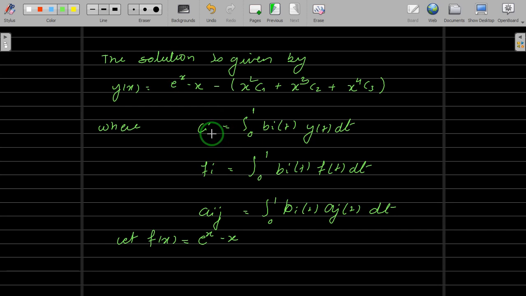That's what you have to get by using those Fi's by solving the system of equations. And then you have to find the values of Aij from 1 to 3. That means a11, a12, a13, a21, a22, a23, a31, a32, a33. Get that, write the system of equations, solve the system of equation, and then you write your solution.